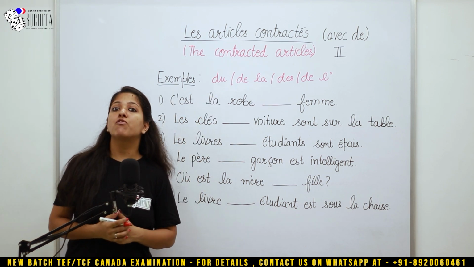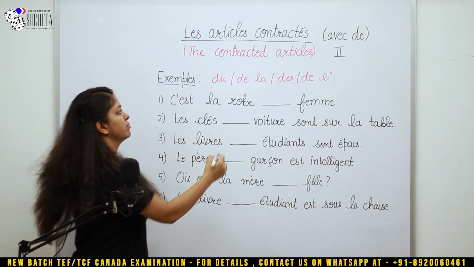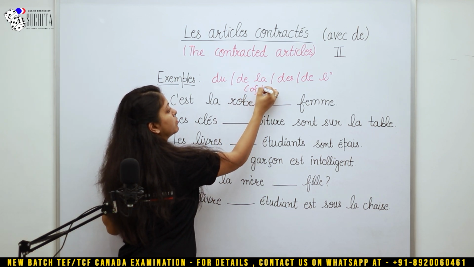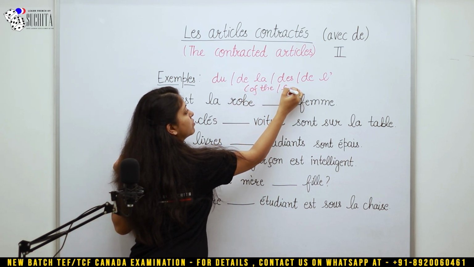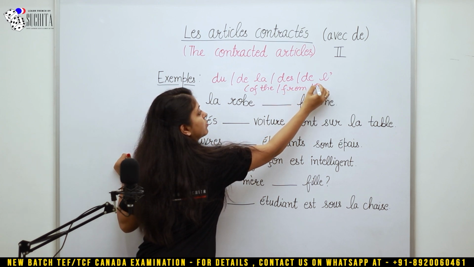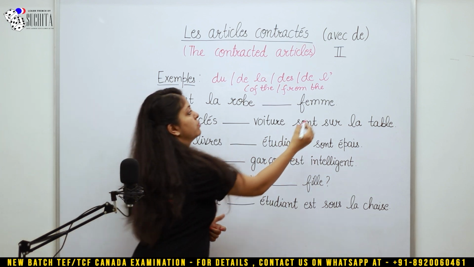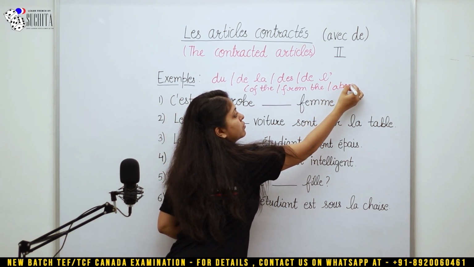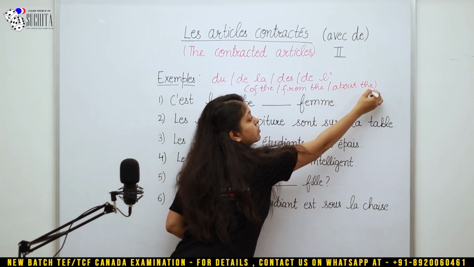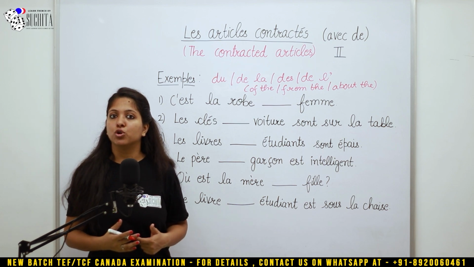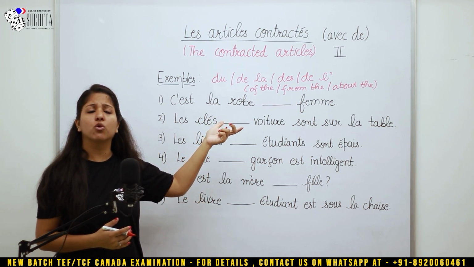Now the meaning of all four of them is of the, from the, or about the. So what is the difference amongst these four?